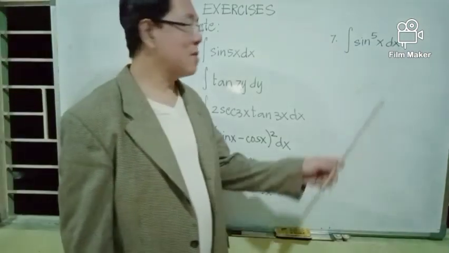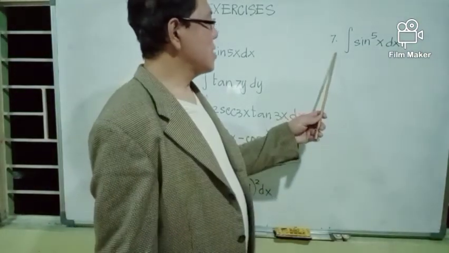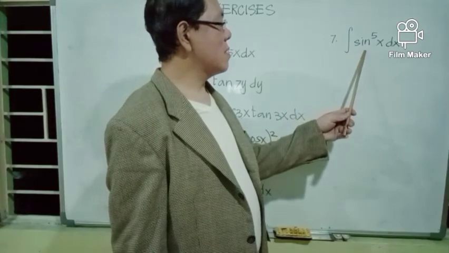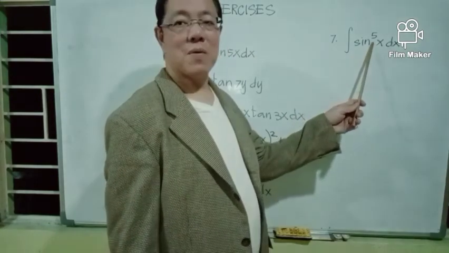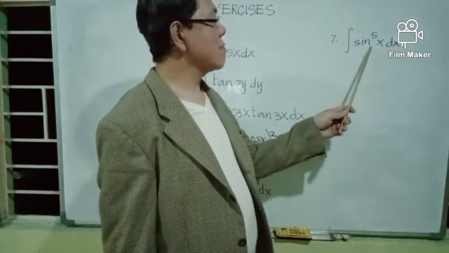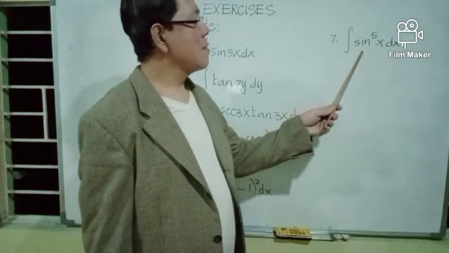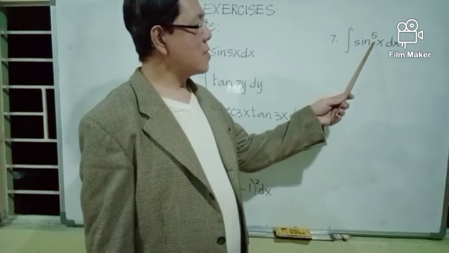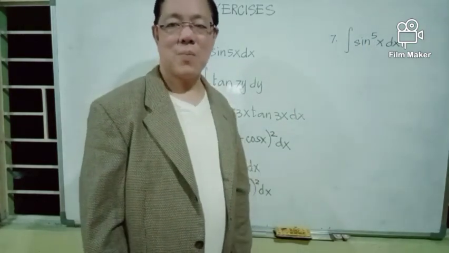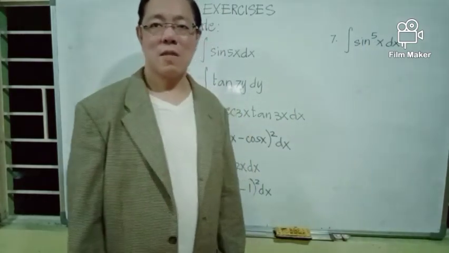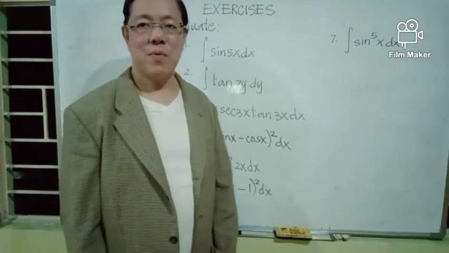And lastly, you integrate sine x to the power 5 with respect to x. Here you write sine raised to 5 as the product of sine x and sine x to the power 4.